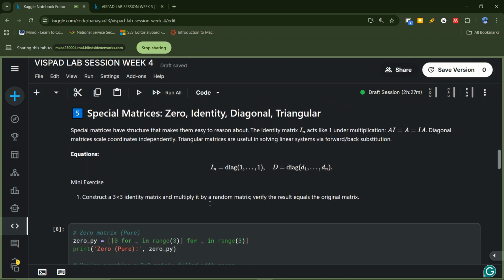And then we have another concept, which talks about special matrices.